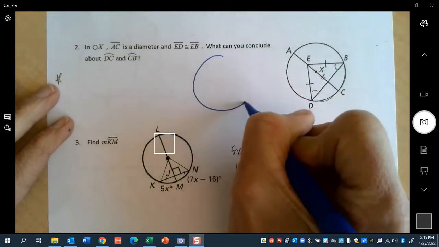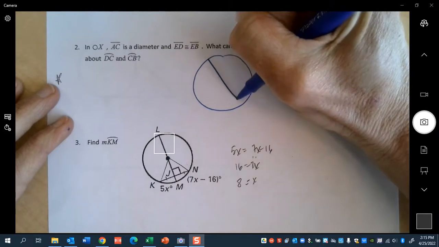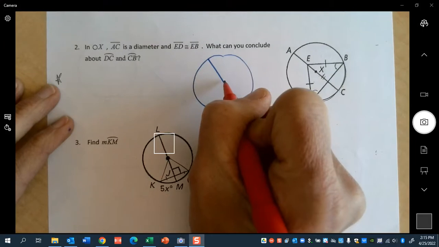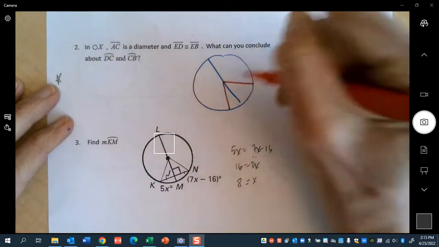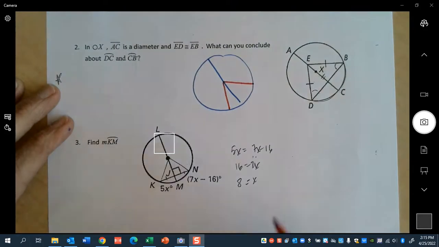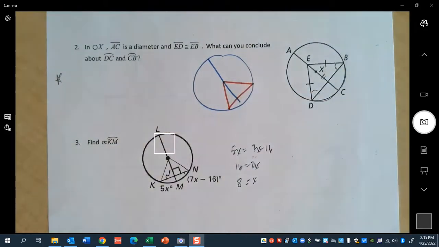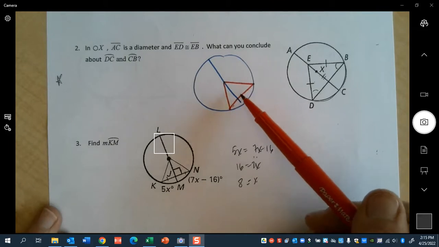If I have a circle and I have a diameter and I have a radius and another radius, what's to guarantee that this triangle has bisected pieces or a right angle?